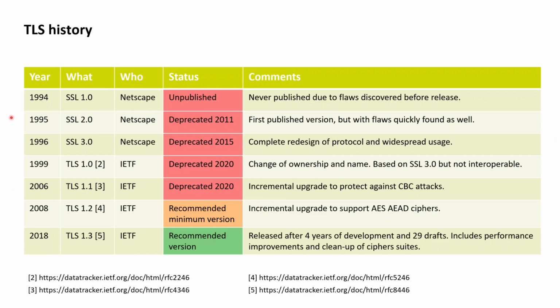Today, all of the SSL versions 2.0 and 3.0, as well as TLS versions 1.0 and 1.1, are deprecated due to the serious security vulnerabilities they contain. Remaining in active support by operating systems, browsers, and standard libraries are TLS versions 1.2 and 1.3.